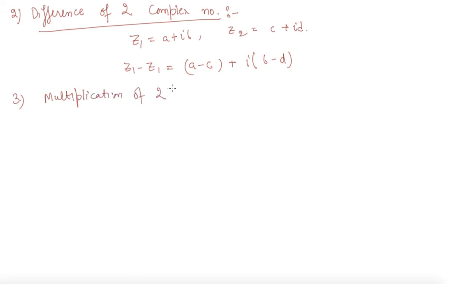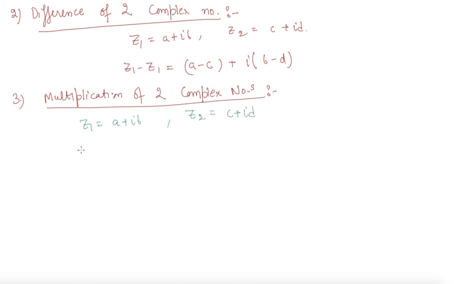Now let's move to the multiplication of two complex numbers. Let's say z1 is a plus iota b and z2 is c plus iota d. When we multiply, z1 z2 is a plus iota b into c plus iota d.